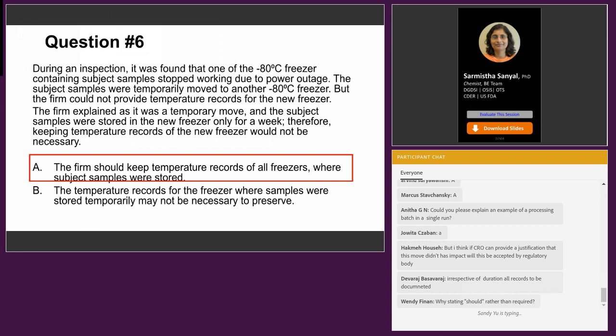So that's why it's really important to keep the records of all your incidents, as well as this type of temperature records and so on.